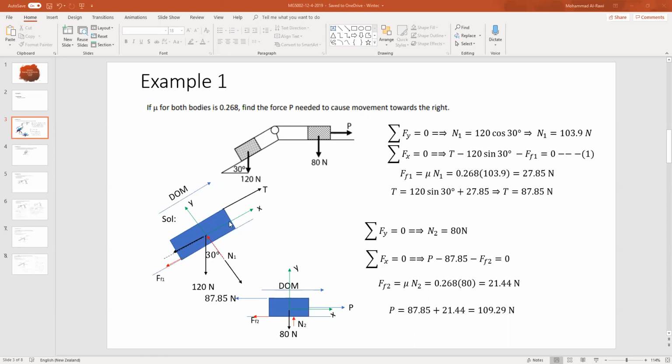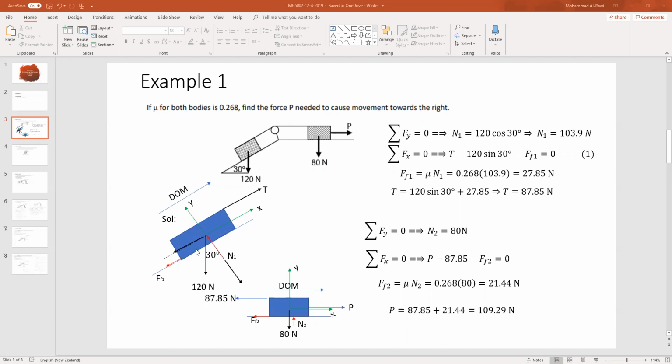You do the analysis. Make sure to show your coordinates, the X and Y, and based on it, you can solve the question using concurrent forces, concurrent system. We also have an equation: the friction force is equal to mu N, the normal force. The normal force is always opposite to the weight.